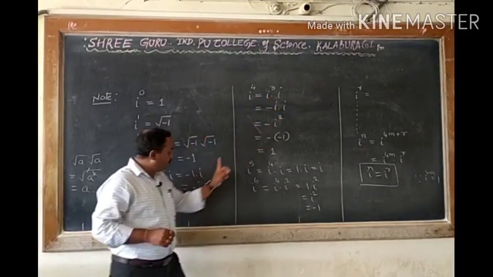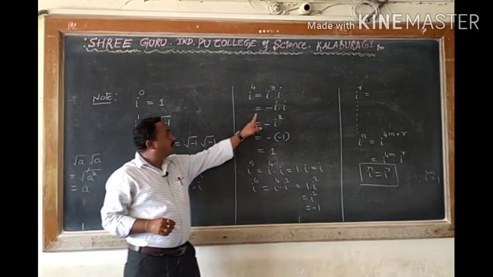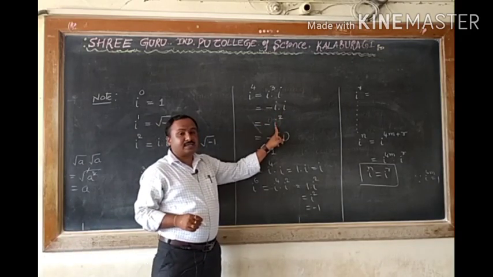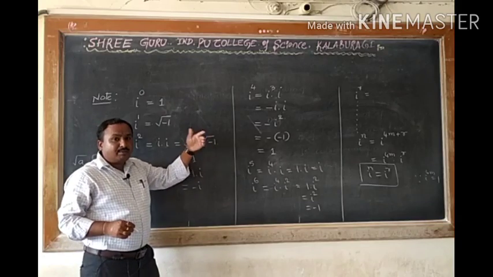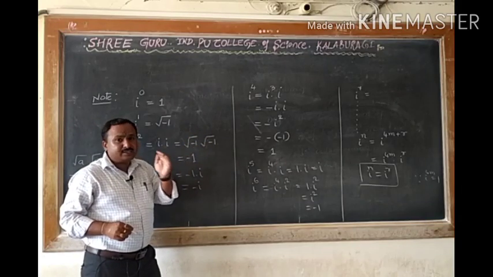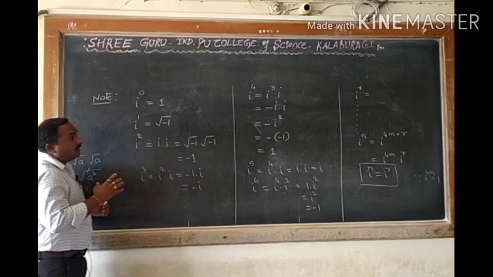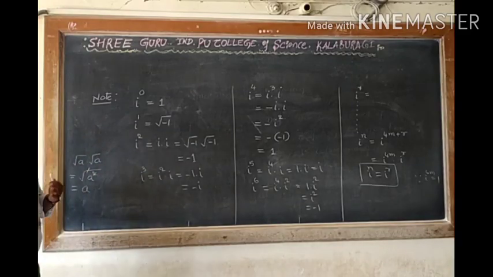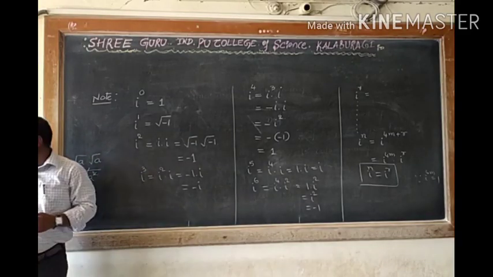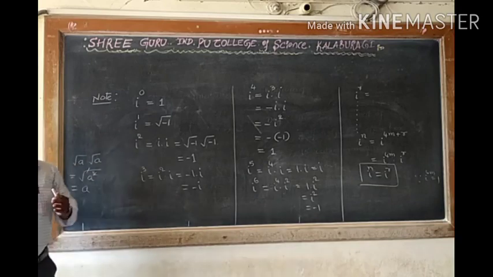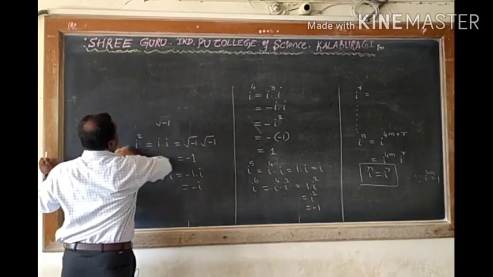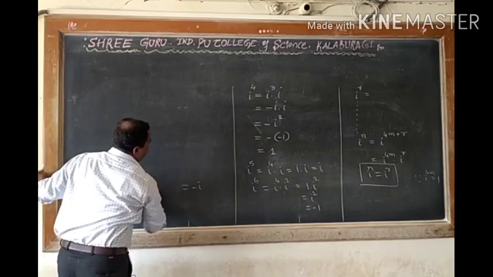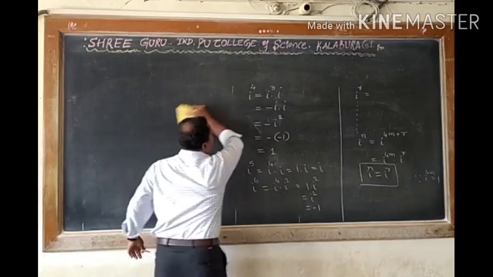The previous value of i cubed is minus i, so minus i into i is minus i squared, and i squared is minus 1, so it is 1. So i to the power 4 is 1. Continuing, for higher powers of i, we find out the i to the power 4's.